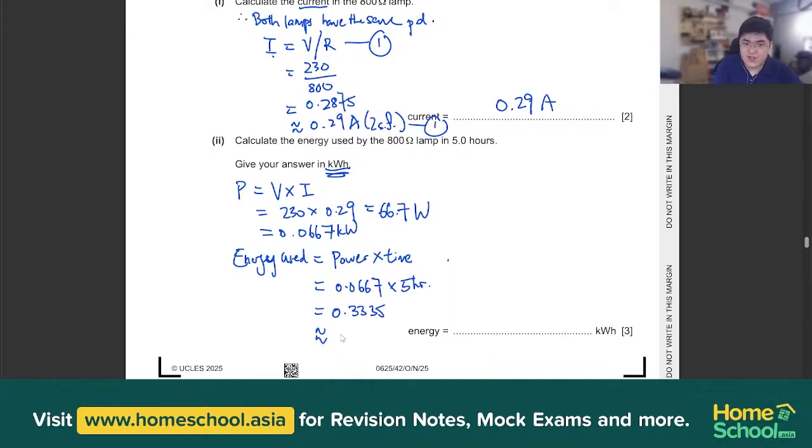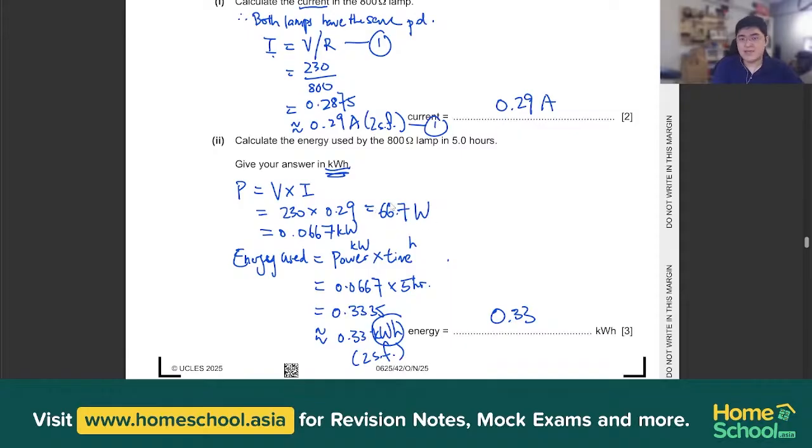We will do the conversion to 0.33 kilowatt hours. So to take note, because our energy is to be in kilowatt hours, the power here must be in kilowatts, and the time here must be in hours, so we can get the proper units. And the answer is 0.33 kilowatt hour, in two significant figures.